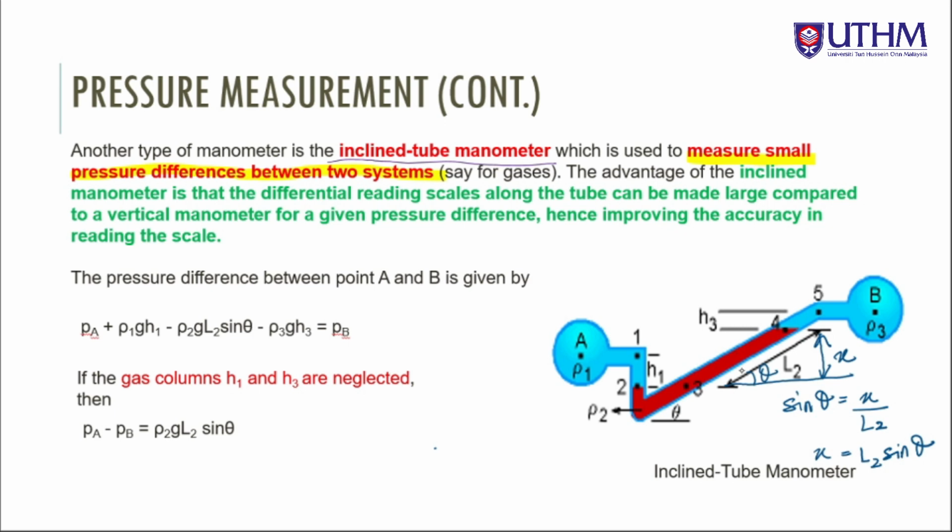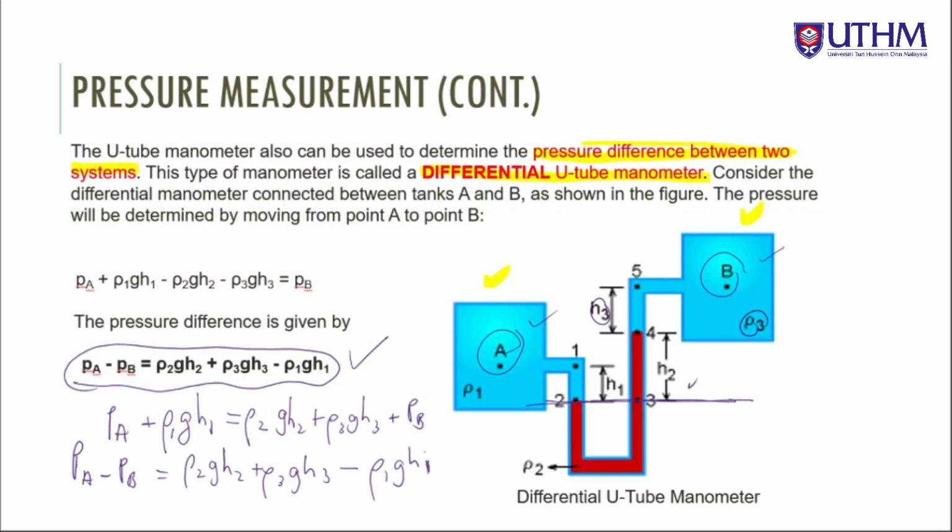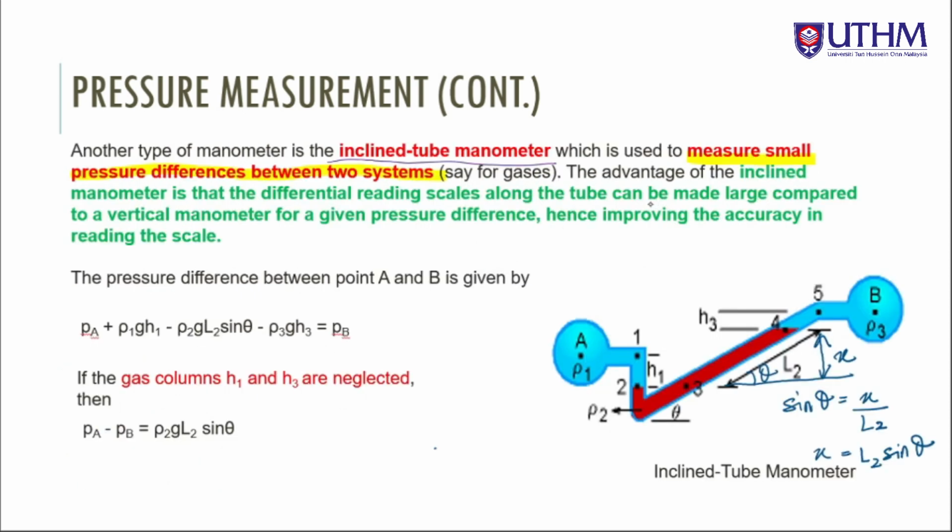And dia ni basically dia lebih accurate daripada this differential U-tube manometer, disebabkan dia ada is that the differential reading scales along tube can be made large, okay, compared to the vertical manometer. Okay, so dia punya readings sepanjang inclined tube ni boleh dibesarkan. Okay, hence improving the accuracy in reading the scale. So scale dia boleh dibesarkan, kan?